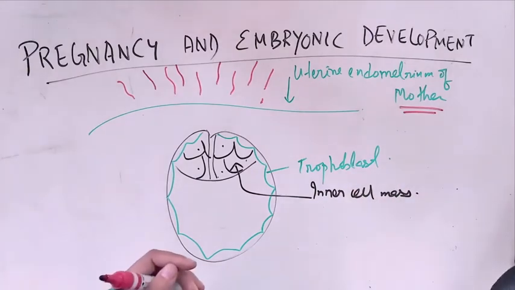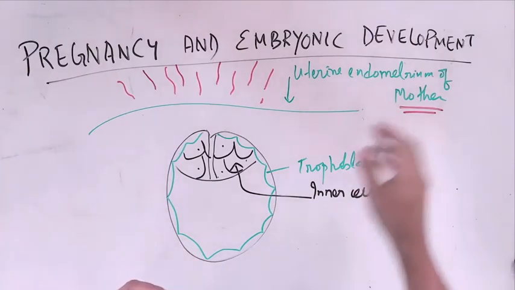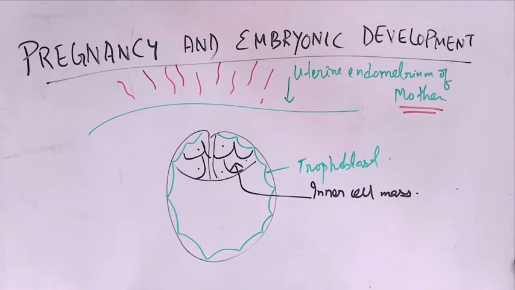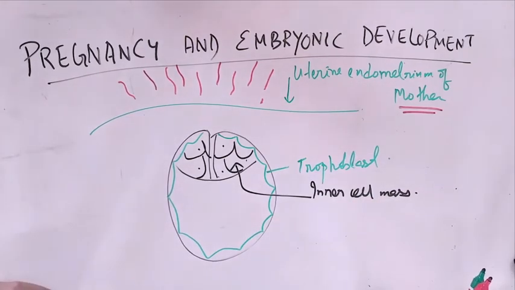Pregnancy and embryonic development. Implantation: the blastocyst, with its trophoblast cells and inner cell mass, is implanted in the endometrium of the uterus. What happens after implantation? That means there will be pregnancy.